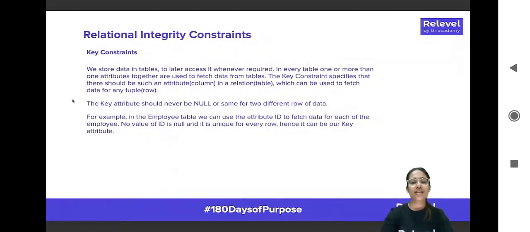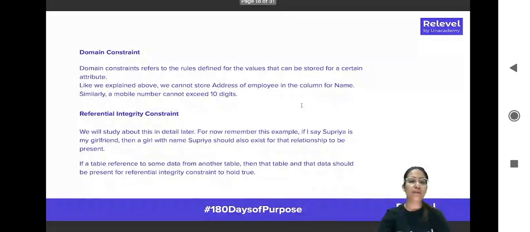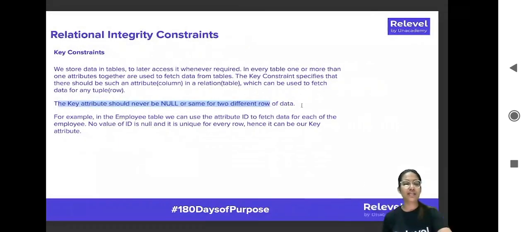Right? So it says that the key attribute should never be null or same for two different rows of data. Okay. For example, in the employees table, we can use the attribute ID to fetch data for each and every employee, and no value of ID is null, and it is also unique for each and every row. Hence it can be our key attribute.